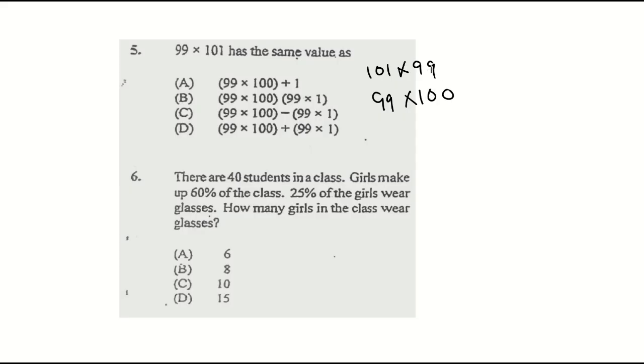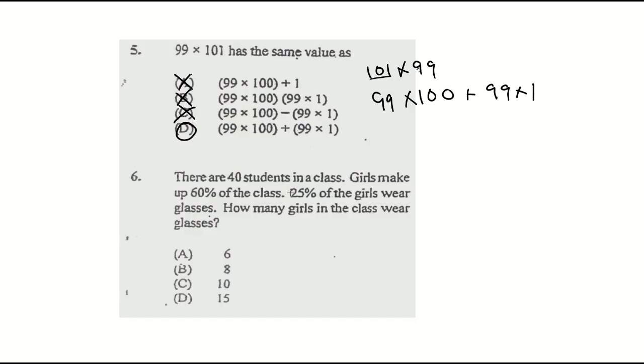Multiplied by 100 plus 99 multiplied by how many ones? Multiplied by 1. So it will not be this. When we're doing long multiplication, you say 99 by this digit first, which is hundreds, and then 99 multiplied by 1. So it would not be this, because this is too large a number. We're not subtracting. So the only answer it could possibly be is D.